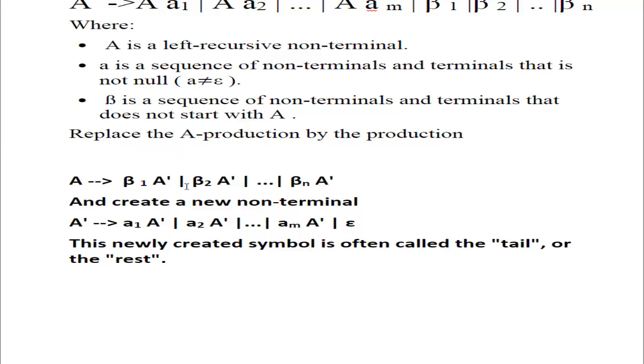Replace the production A by beta 1, a sequence of non-terminals and terminals that does not start with A, and so on, beta 2, beta N, and then we have an A prime, that's a new non-terminal, and we define it like this, where we have alpha 1 A prime, alpha 2 A prime, where these alphas are sequences of non-terminals and terminals that are not null, and then we have an epsilon. This newly created A prime is called the tail or the rest.